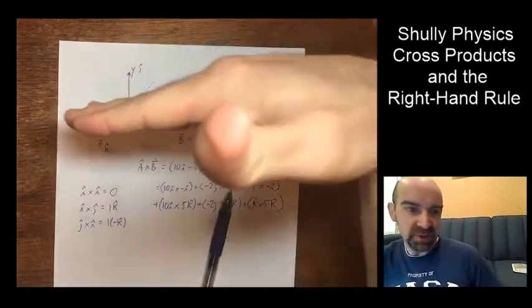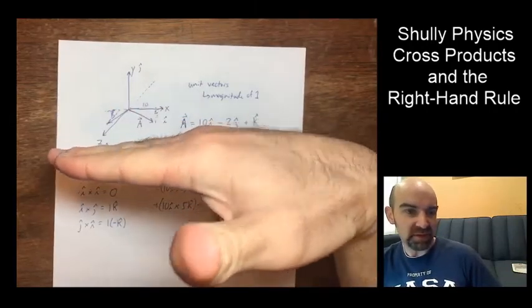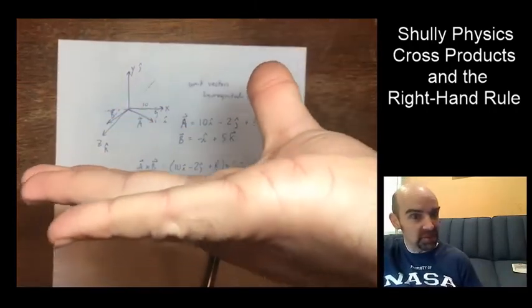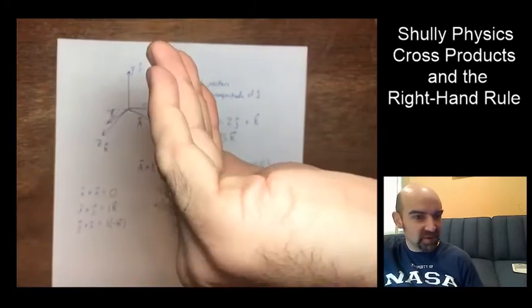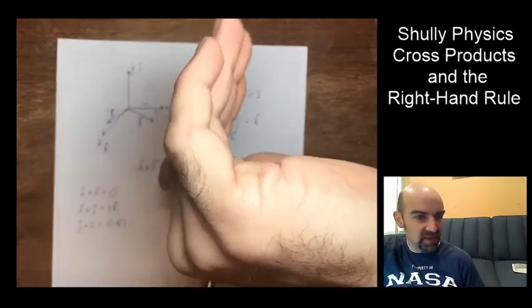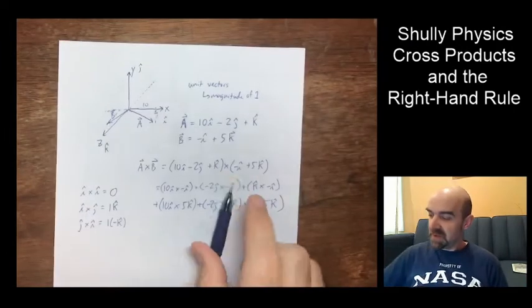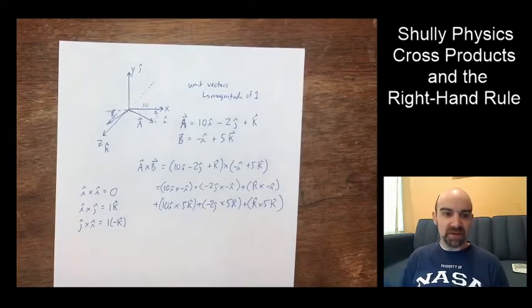So j is that way. But in order to have my palm facing the x direction, I'd have to turn it around like this. I'm twisting here. That way, I have j cross i, and my thumb is now pointing down into the page, away from the camera. So that's in the negative k direction.